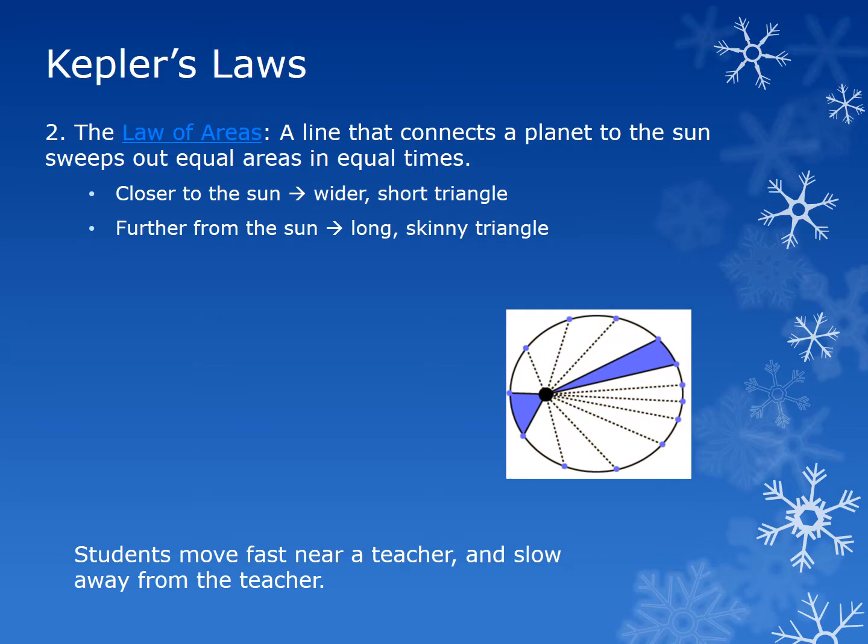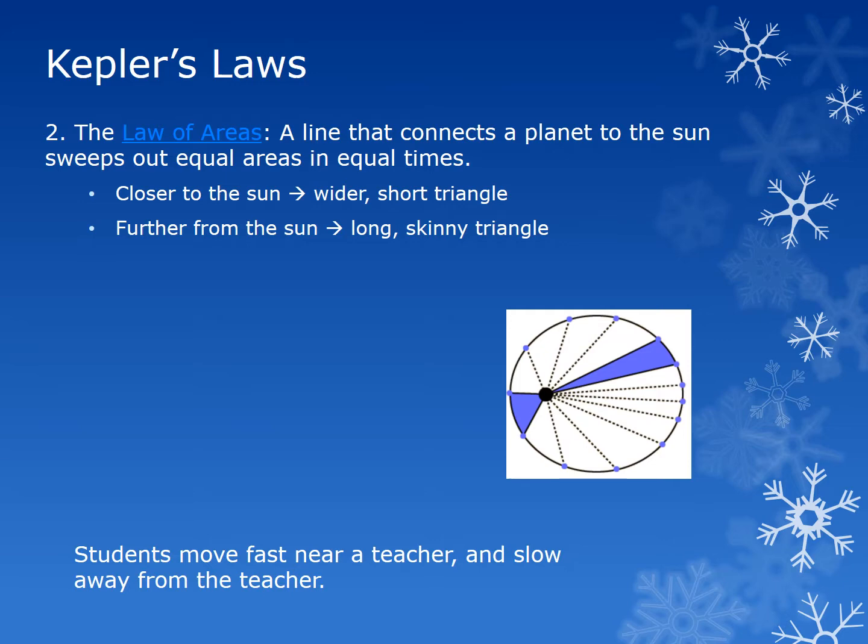The law of areas says that for every equal amount of time around, say, the sun, the area is going to be the same. So if you look at the picture on the right of the screen, you can see a lot of little blue dots. All those little blue dots are equally spaced in time.